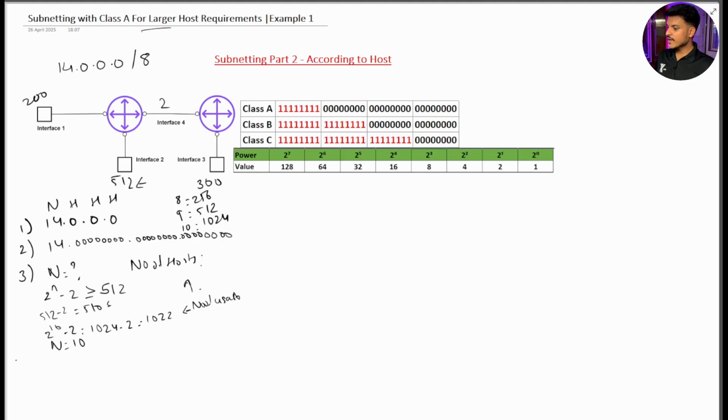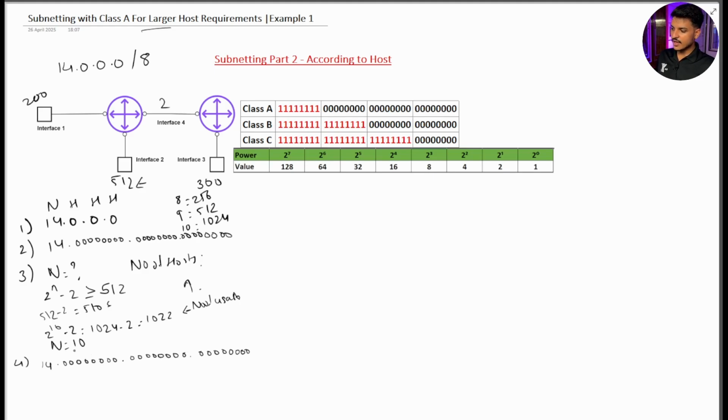Now in step 4, we again write the decimal and binary value as it is, meaning 14, which is given to the network, and again its binary value as it is. Now what was the value of n, meaning how many bits are given to the host?